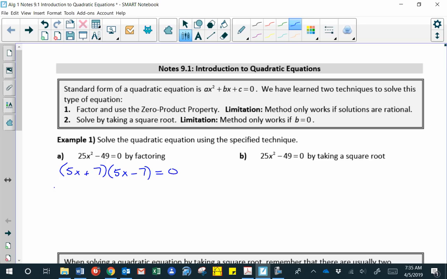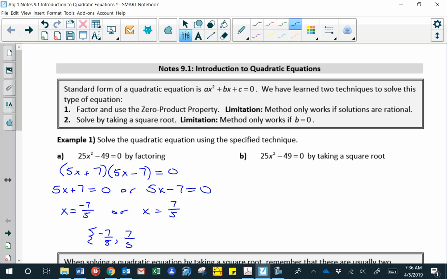So using the zero product property, 5x plus 7 is equal to 0, or 5x minus 7 is equal to 0. Solving, we get x is equal to negative 7/5, or x equals positive 7/5. So our solution set has two numbers in it, negative 7/5 and positive 7/5.